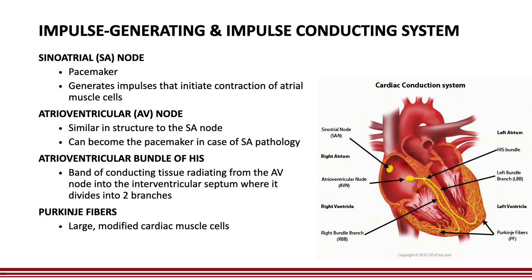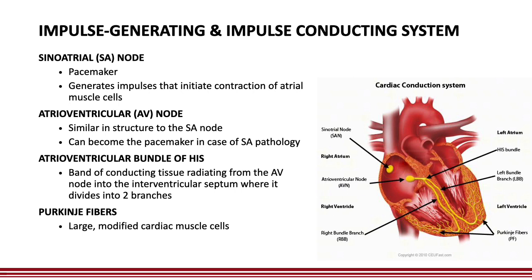Okay. The AV bundle of His, located here, is a band of conducting tissue radiating from the AV node into the interventricular septum, where it divides into two branches.